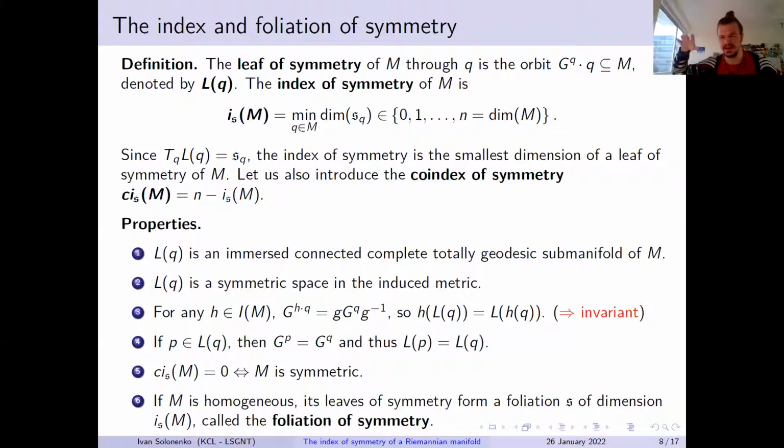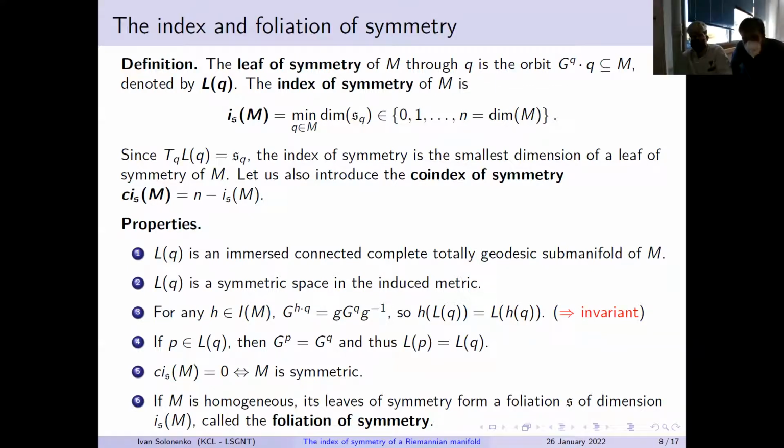Almost any complete connected Riemannian manifold can be decomposed naturally, functorially, nicely and invariantly into pieces. Each of them is a nice, totally geodesic, externally homogeneous submanifold and also a symmetric space. So this is a measure of how badly M itself is not symmetric.